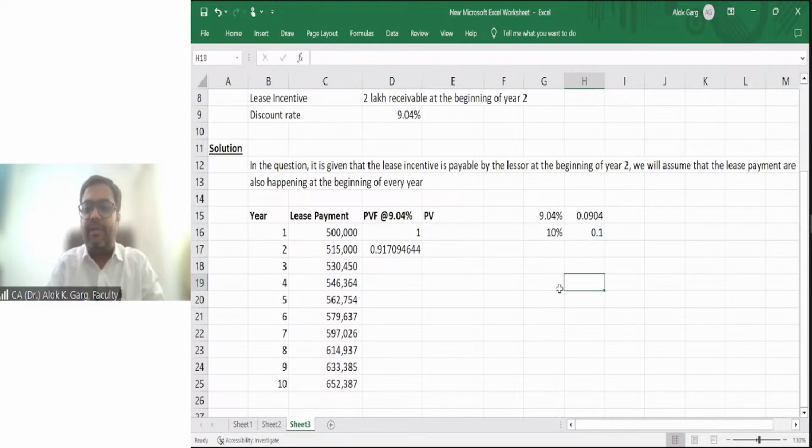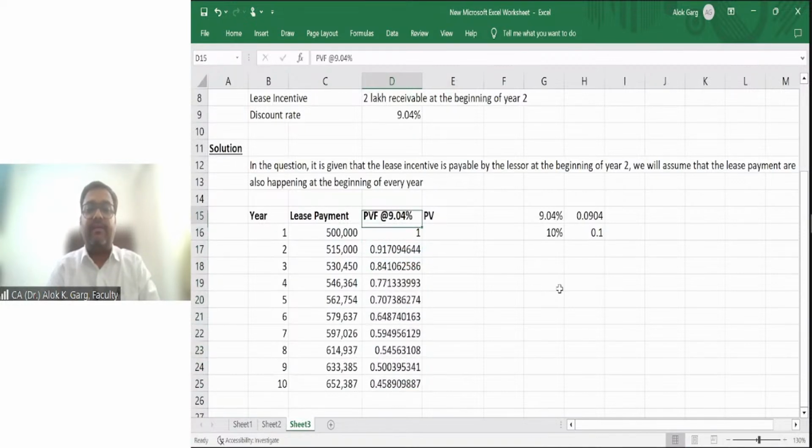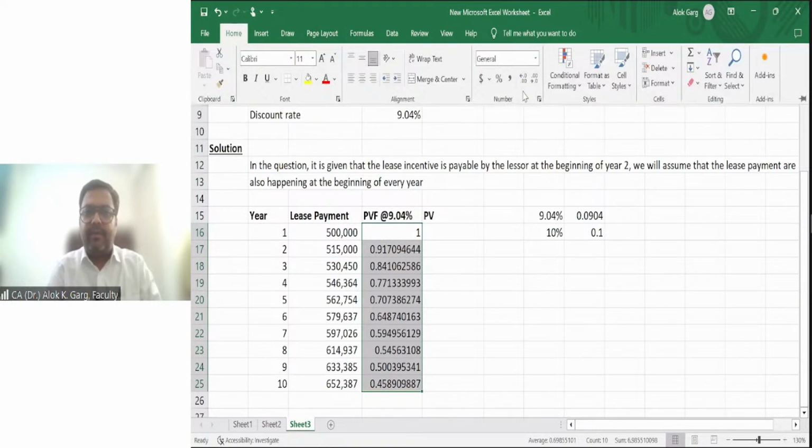That is why for 10% we do 1.1, and for 9.04% we do 1.0904. I hope you have understood how to compute this present value factor. Any doubts so far?